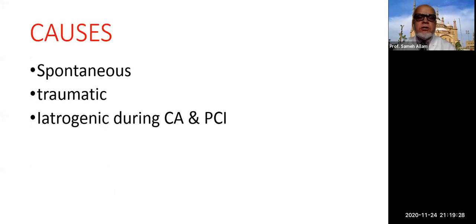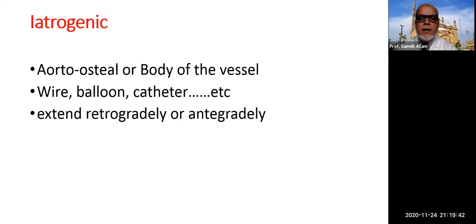Coronary artery dissection may be spontaneous dissection of the coronary vessels. It may be the result of blunt trauma to the chest, and it may be iatrogenic, induced during coronary angio and PCI.